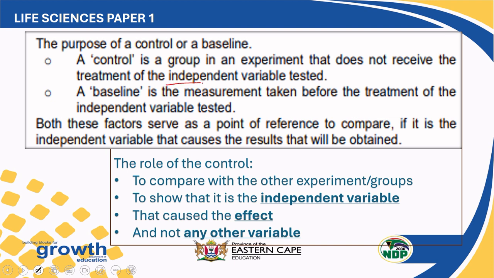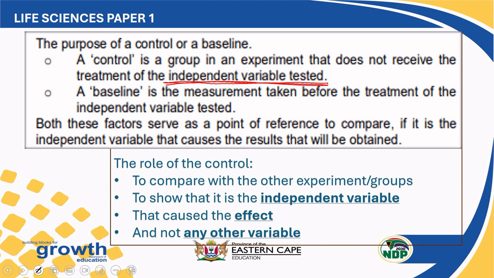In other words, it does not have the independent variable that we are testing. In our previous example of the rats that received microplastics in their water, the control group would be the group that does not receive the microplastic, because microplastic bioaccumulation was the independent variable.